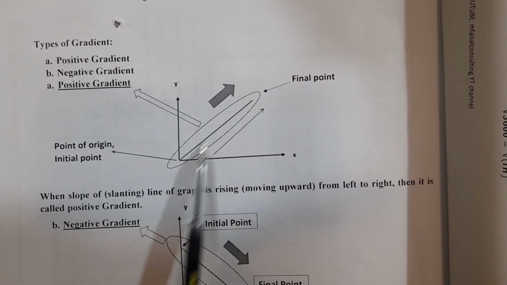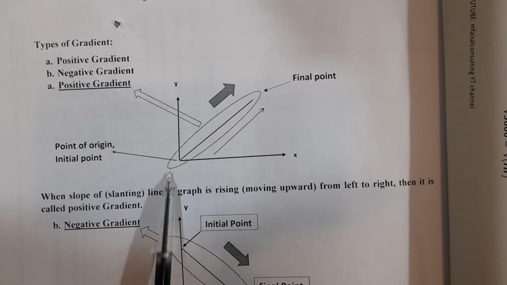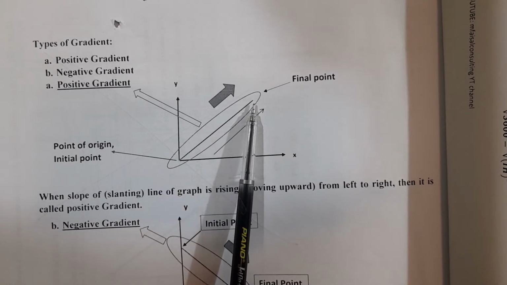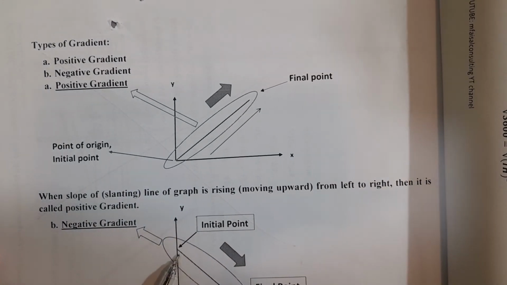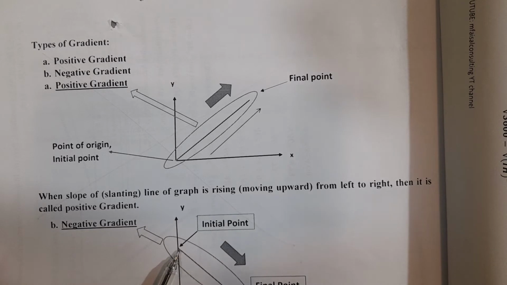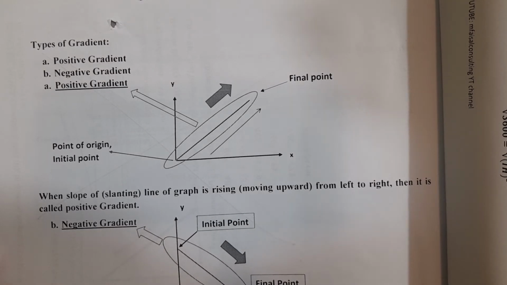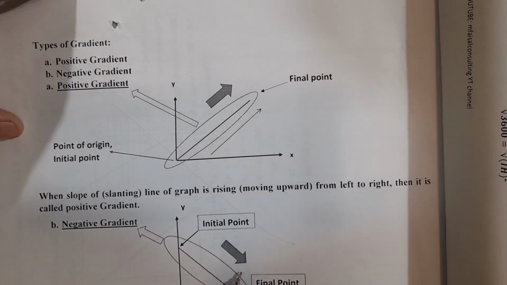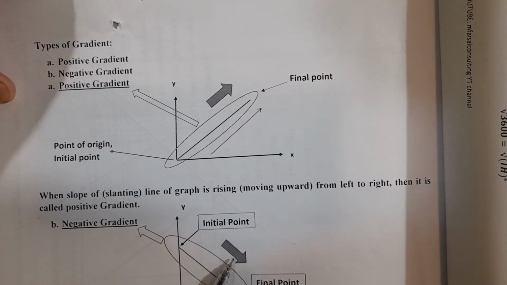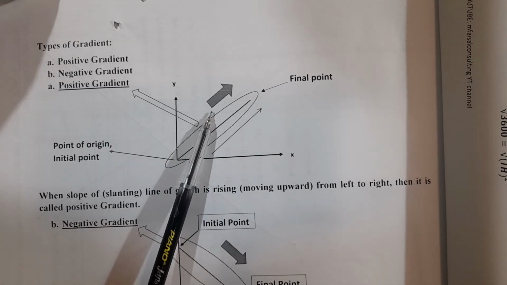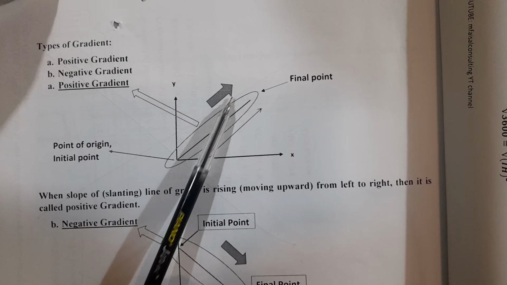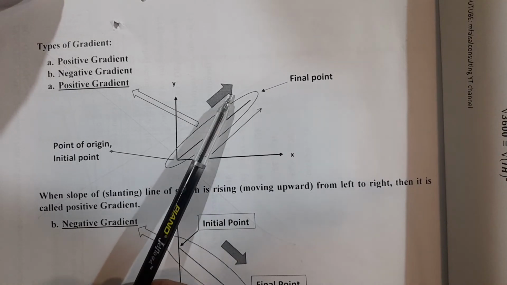This is the x-axis, this is the y-axis. We call this line a positive gradient because it is moving upward from left to right. Now negative gradient is basically when the line is moving downward from left to right. So this is a negative gradient. The direction of the arrowhead is shown in the figure.